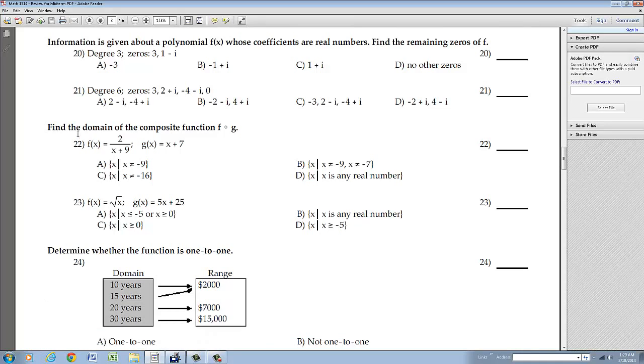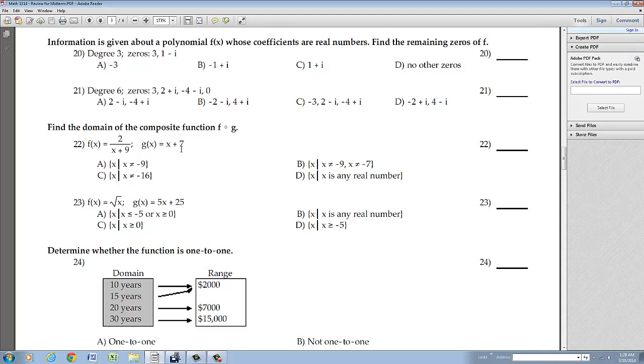22. Find the domain of the composite function f composition g. Okay, so that means it's all x in the domain of g such that g of x is in the domain of f. Well, the domain of f is all numbers except -9, because -9 plus 9 is 0, so you can't divide by 0.